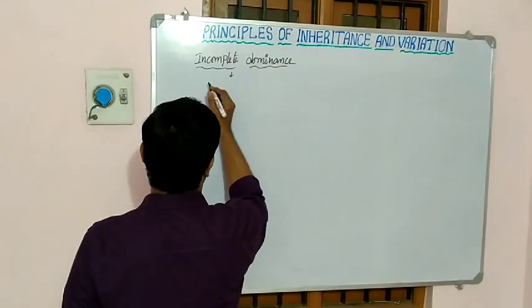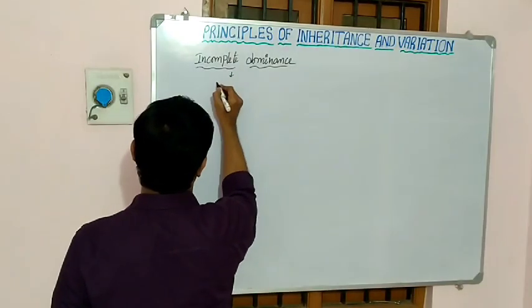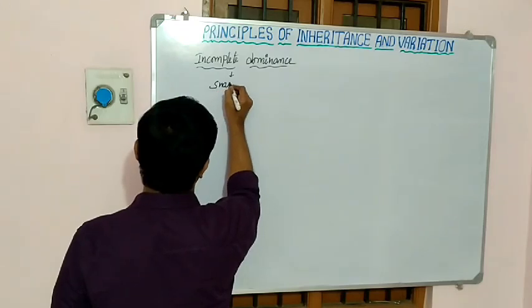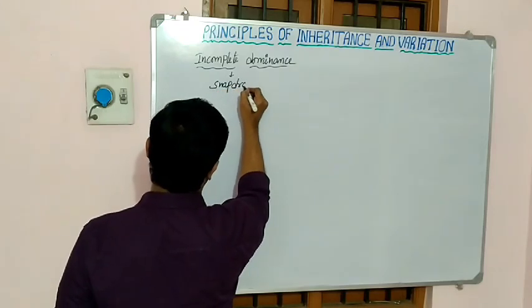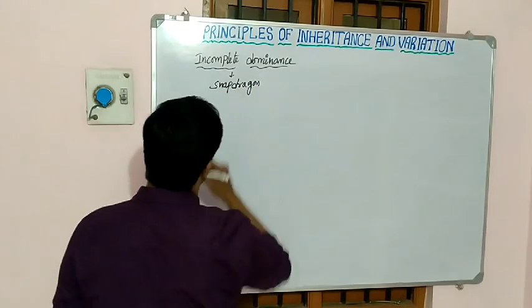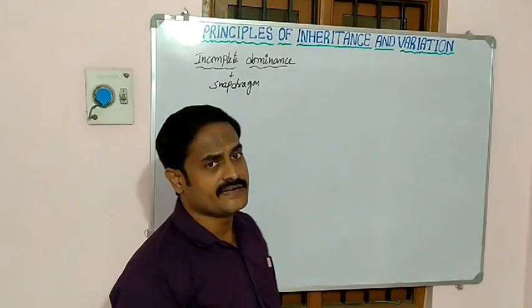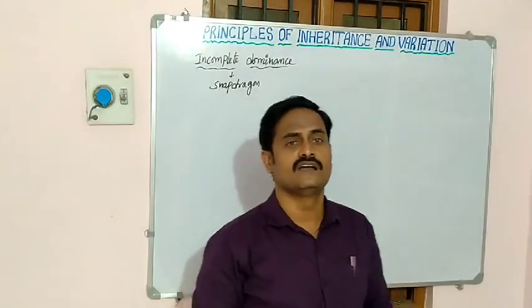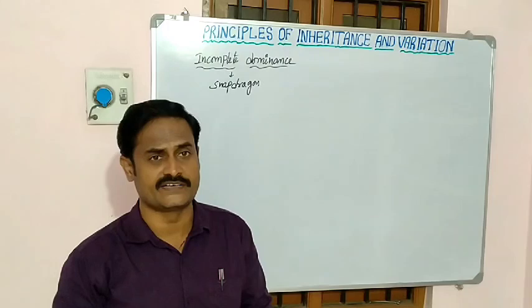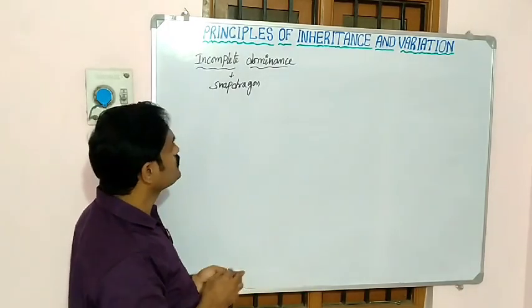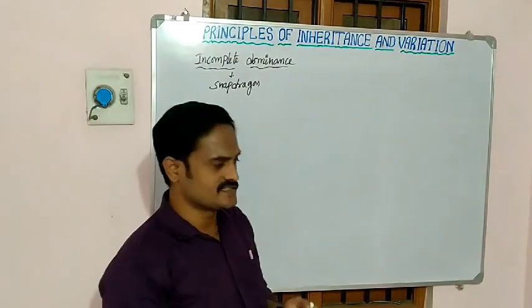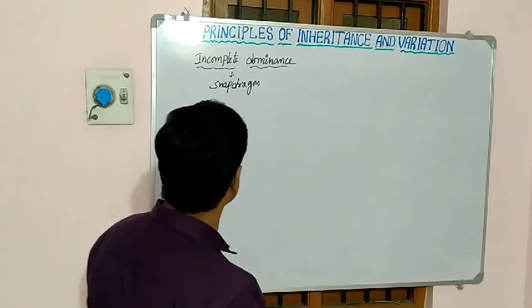The plant name is snapdragon. Remember? In this plant we see incomplete dominance. See how to find out incomplete dominance. I will give one example here.